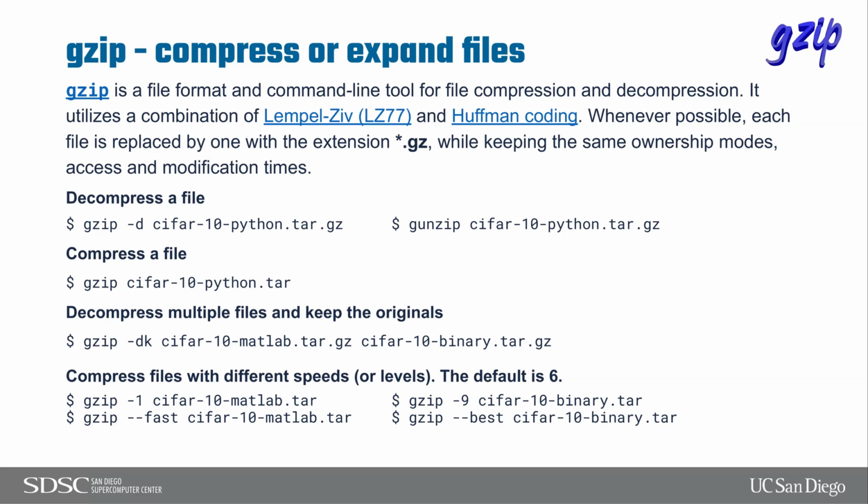I didn't check if Mac has gzip installed by default. It may not. I'd have to go back and check. It might just have zip, but that's a different story. Essentially, this is a file format and compression tool that uses one of these lossless compression algorithms.